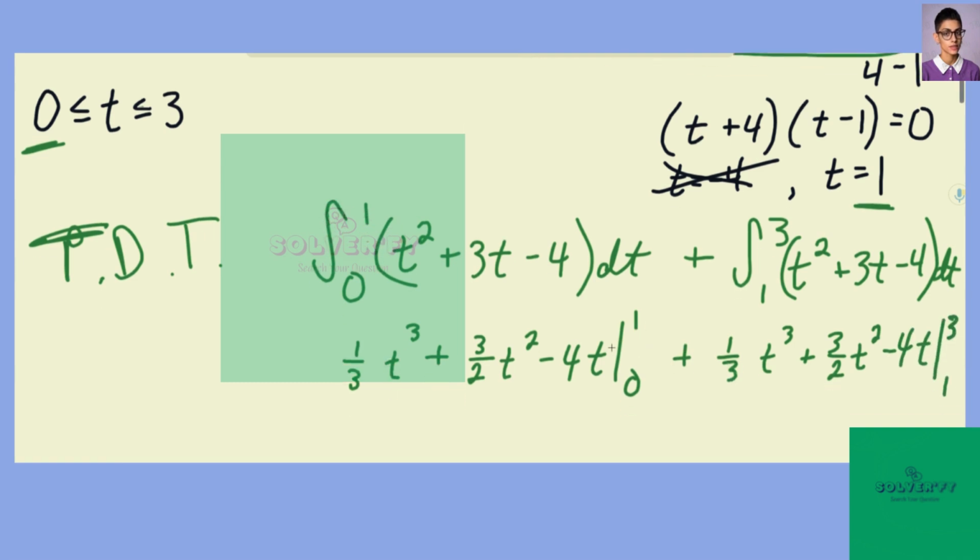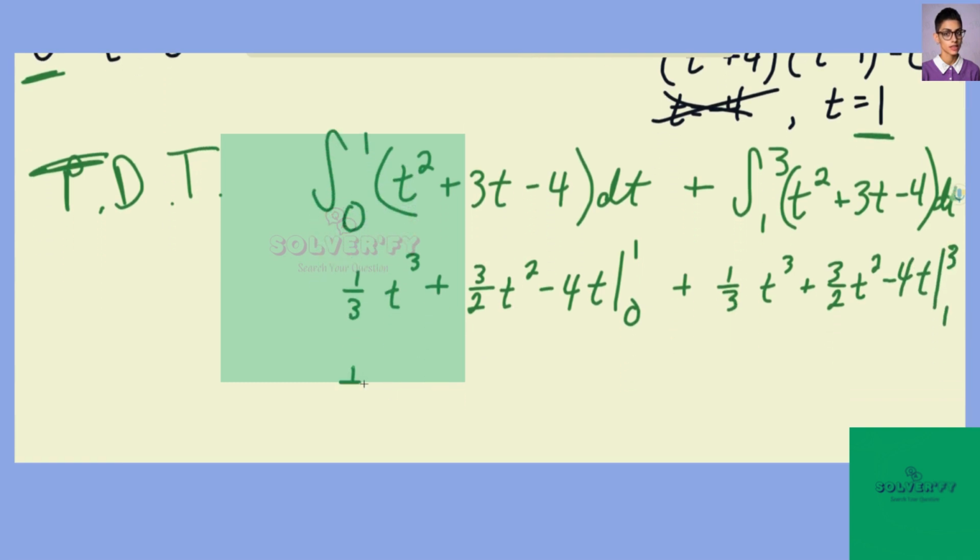But as you plug in 1, you'll get 1/3 plus 3/2 minus 4. Yep, that's going to be a negative number. So absolute value of that thing, because total distance traveled needs to be positive, and then add to it this. I guess I didn't show plugging in 0, but you get a bunch of zeros.